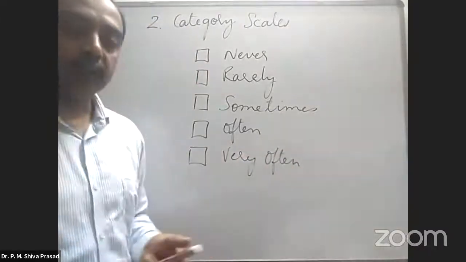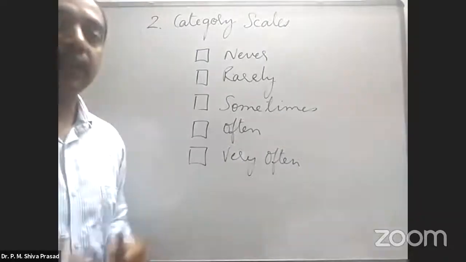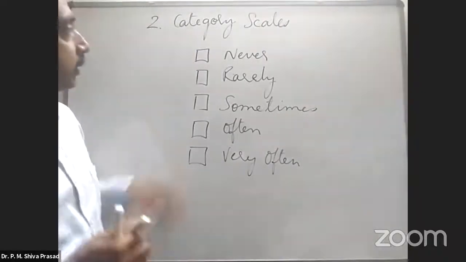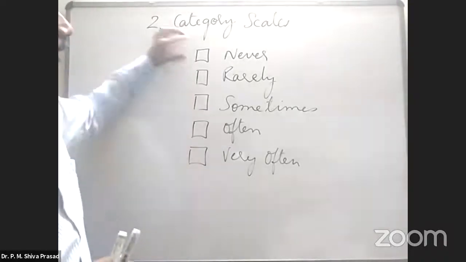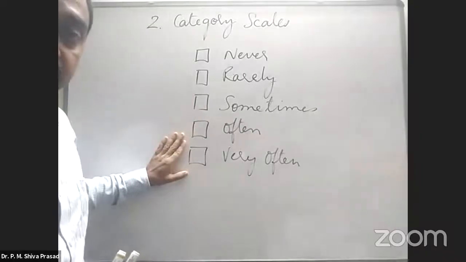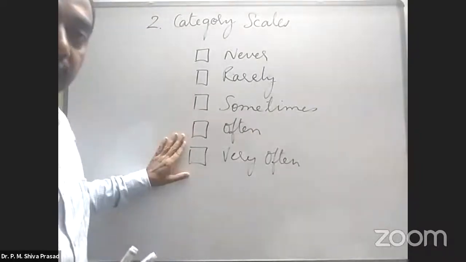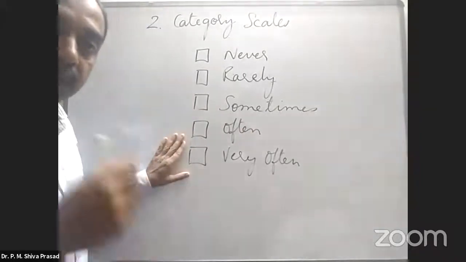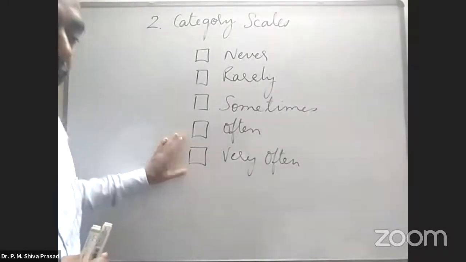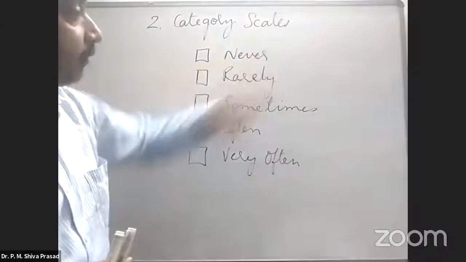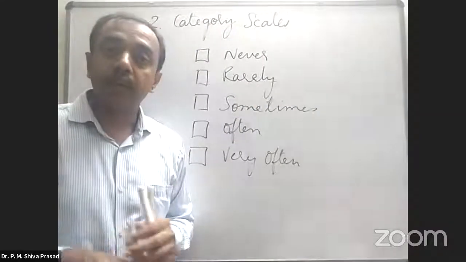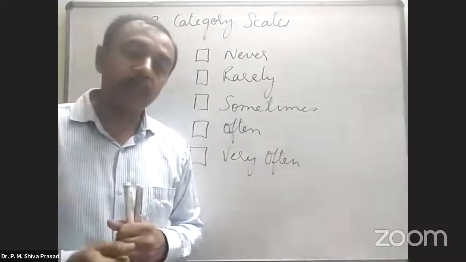How often is your boss friendly with you? How often is your teacher friendly with you? So there are 5 categories which we have created: never, rarely, sometimes, often, and very often. The respondent would tick mark whichever is according to their experience. This is another type of scale where we have categories. There can be categories based on demographic factors as well.